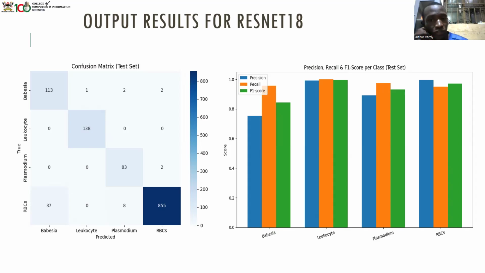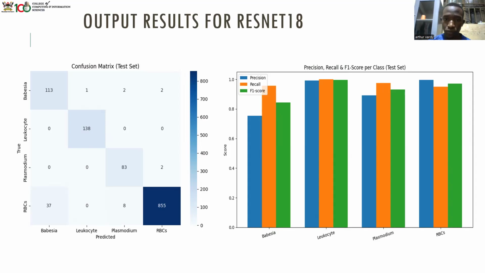Then we have the precision, recall, and F1 score for each class. So we shall start with Babesia. According to our model, we have our recall value, which is around 0.96, and this implies that 96% were captured, confirming that the cell was composed of Babesia, which is a good figure.